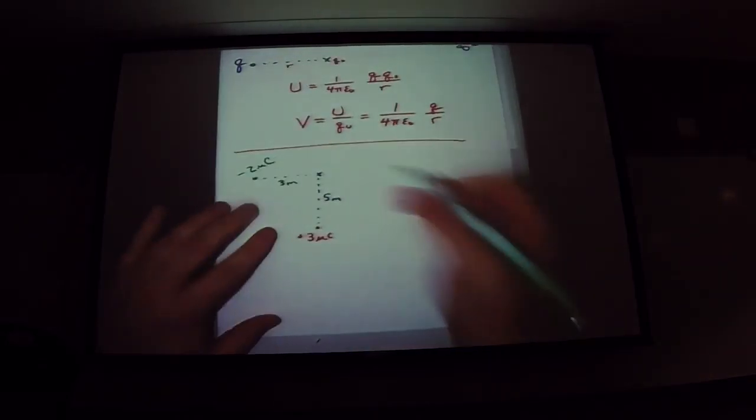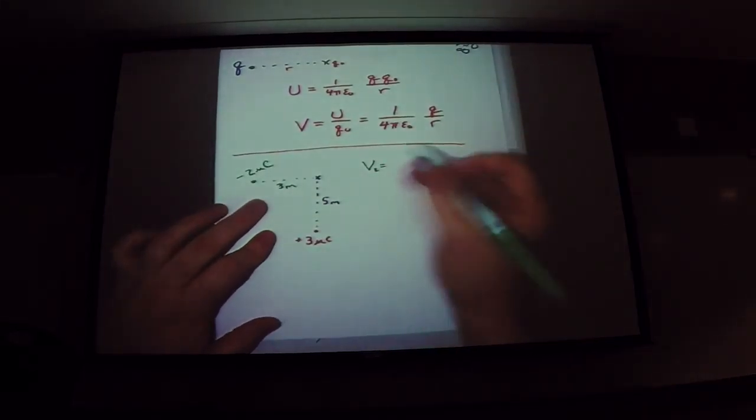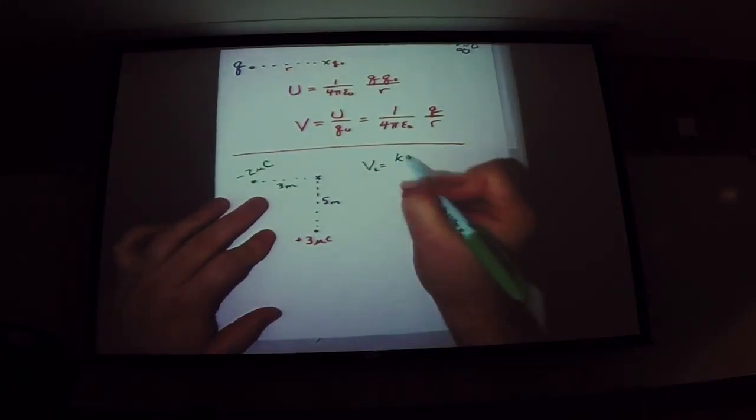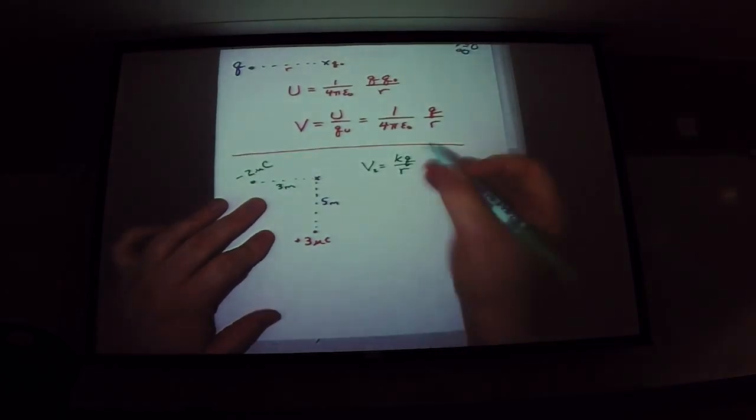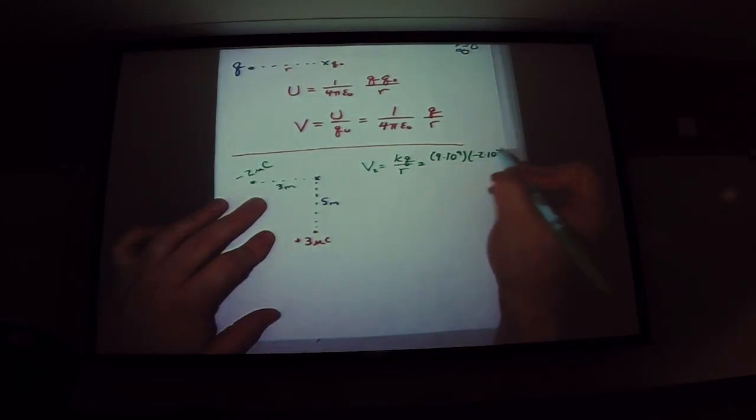So let's do it. V2 is kQ over r. In other words, this is 9 times 10 to the 9th, my Q is -2 times 10 to the -6, divided by r, and r is 3.